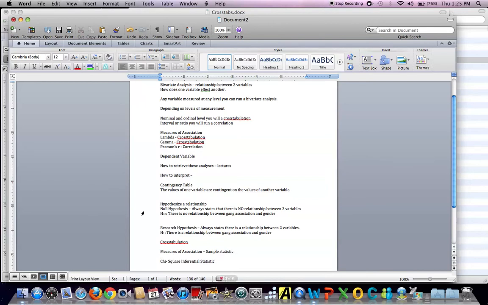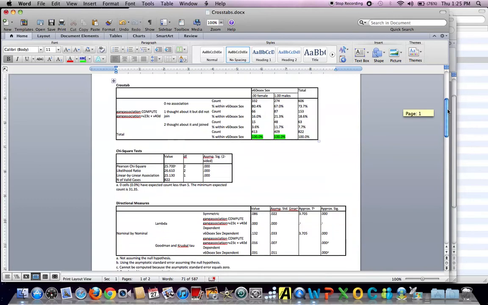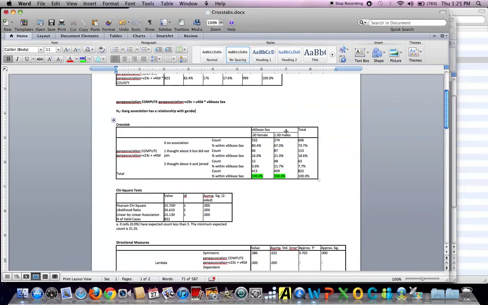Now, what level of measurement do we have with our variables here? We have gang association: no association, 0, 1, and 2, and then gender, which is a 0, 1. So you should note that gender is a nominal level measurement, and gang association here would be an ordinal level measure because it goes from no association up to thought about it and joined.